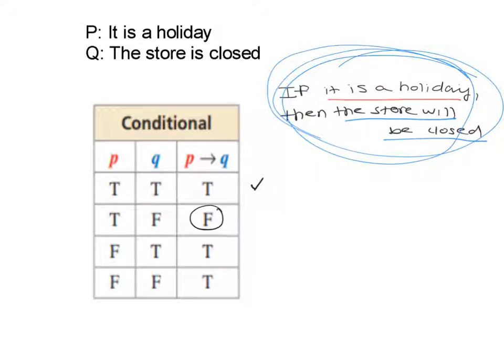Can I think of a scenario in which my hypothesis is false, but my conclusion is true? In real life, that makes sense. And if you can, then the statement itself can still be true. And if that's the case, you write true. We are just looking to see if, wait a minute, this would be a straight up lie. And in that case, it would be the second instance where your hypothesis is true, it's a holiday, but your store's open.